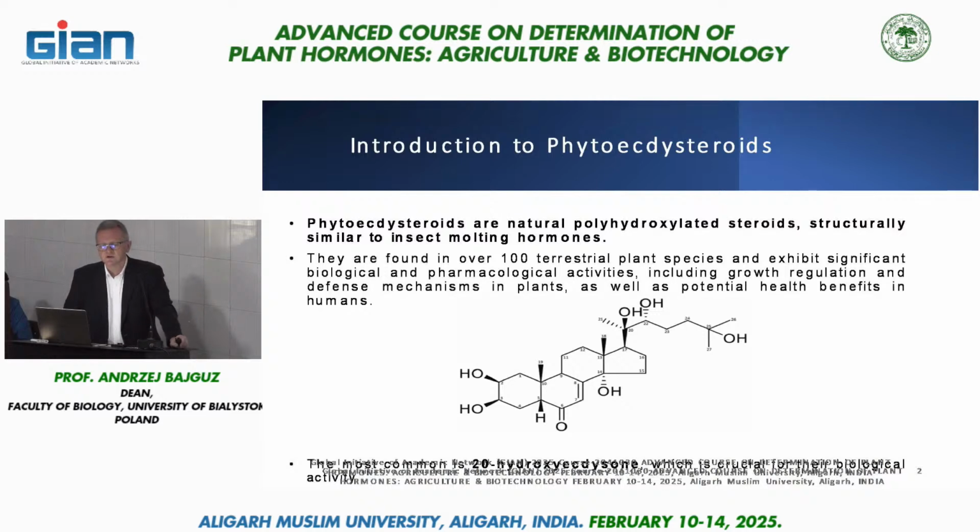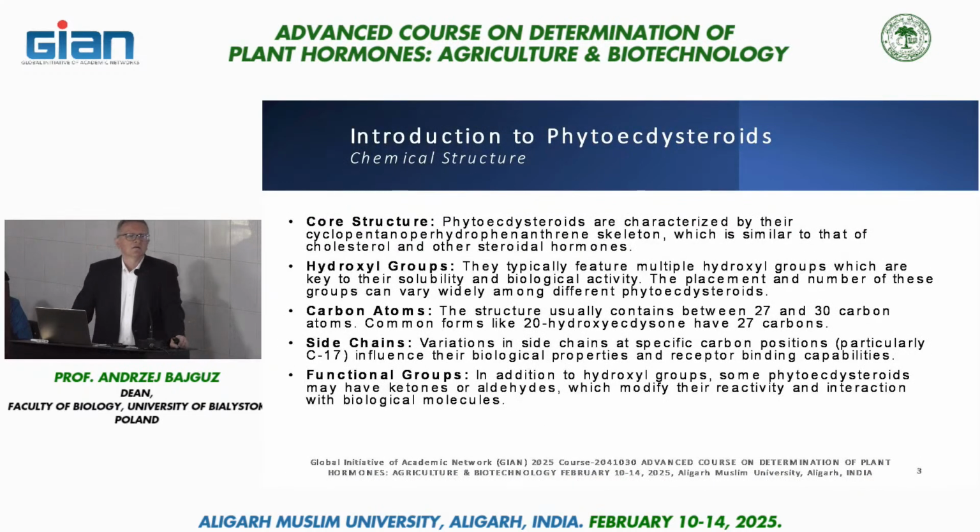Phytohormones belong to the steroid family, similar to brassinosteroids, characterized by a cyclopentanoperhydrophenanthrene skeleton, a core structure they share with well-known steroidal hormones like cholesterol, testosterone, and cortisol, and of course brassinolide or castasterone. They contain multiple hydroxyl groups, which significantly influence their solubility and bioactivity.